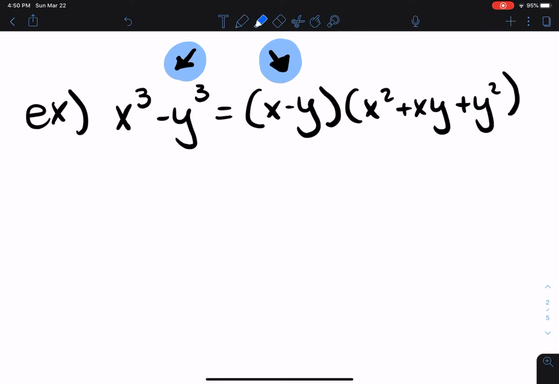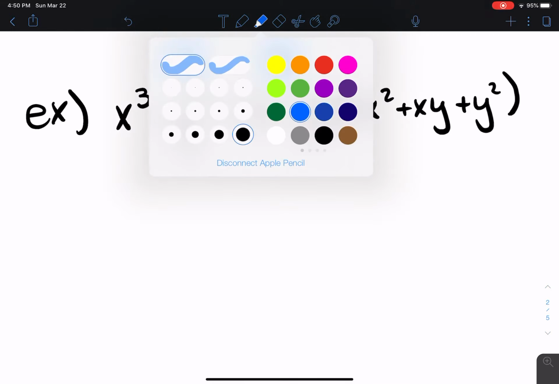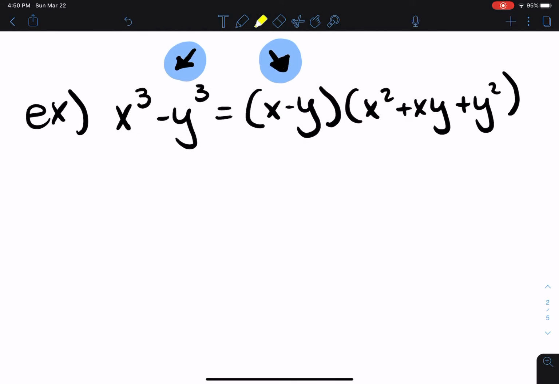So let me get a little highlighter. Here, this one's for Brooklyn, because she likes to use those horrible pencils that you can't actually read, or those pens. So we're going to take X times the first term, X times the second term, and X times the third term. Okay, let's do another one.